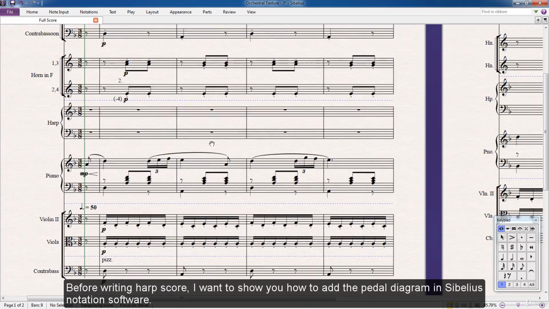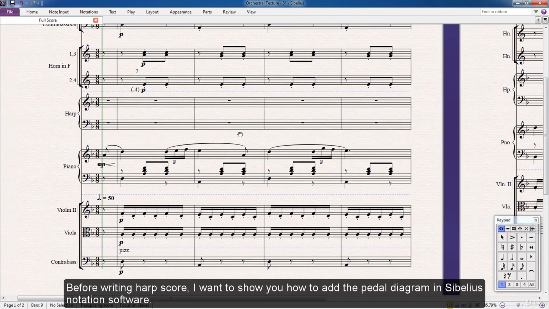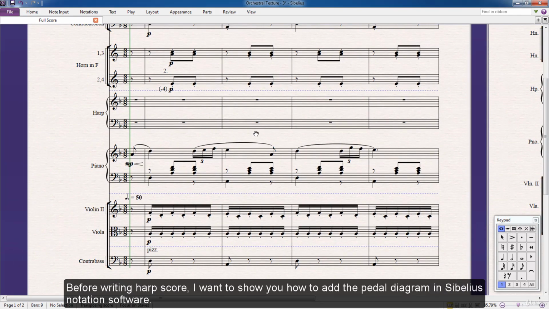Before writing the harp score, I want to show you how to add the pedal diagram in Sibelius notation software.